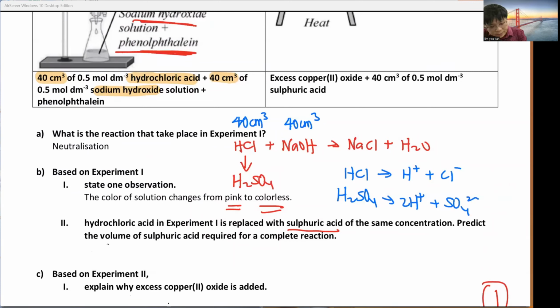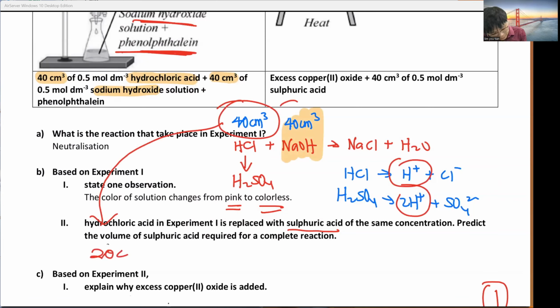So in this case, can you guess the answer? In order to neutralize the sodium hydroxide, do you need more acid or less acid? This is a stronger acid, so you need less acid, right? I think this one doubles the thing, so we will change it to 20 cm3. Half is enough.